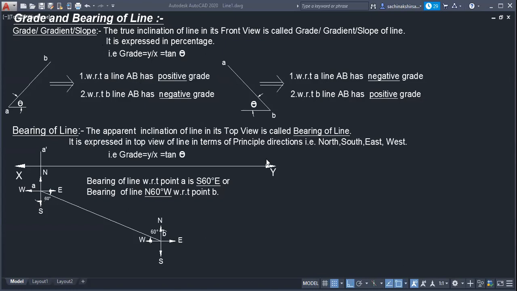So in our language of parameters, by which symbol do we show the true inclination of a line in its front view? Which notation are we using to show the true inclination of a line in its front view?